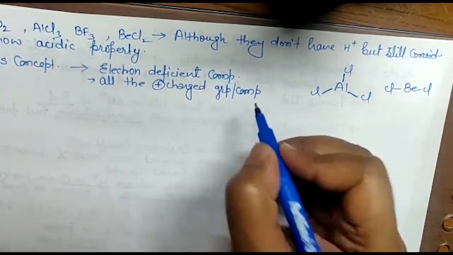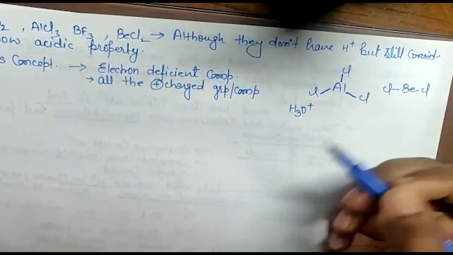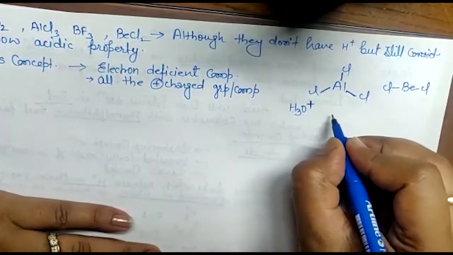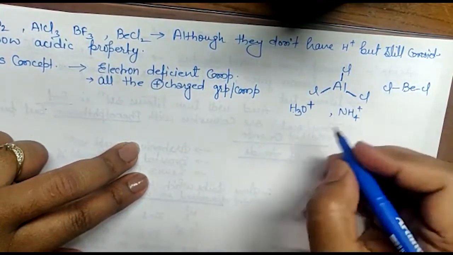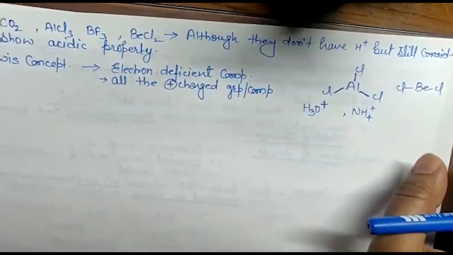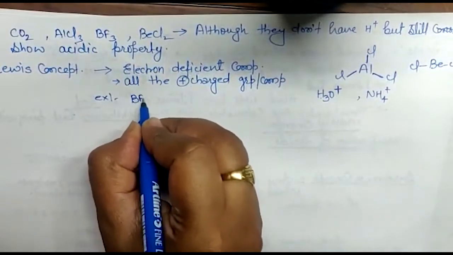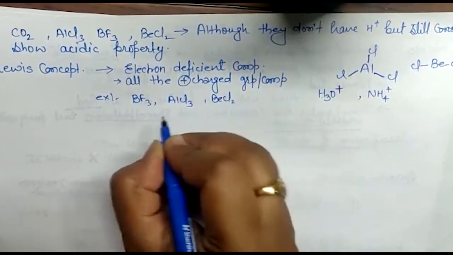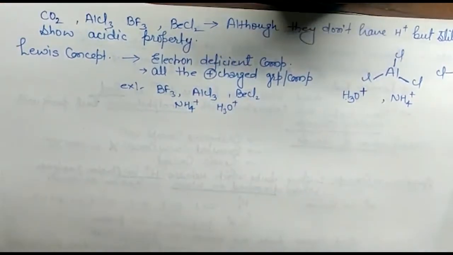And a positively charged group or compound like H3O plus, although it is having H, if it is positively charged, it will be considered a Lewis acid. Like NH4 plus. So these are called Lewis acids. All the examples mentioned above, like BF3, AlCl3, BeCl2, NH4 plus, H3O plus, are Lewis acids.